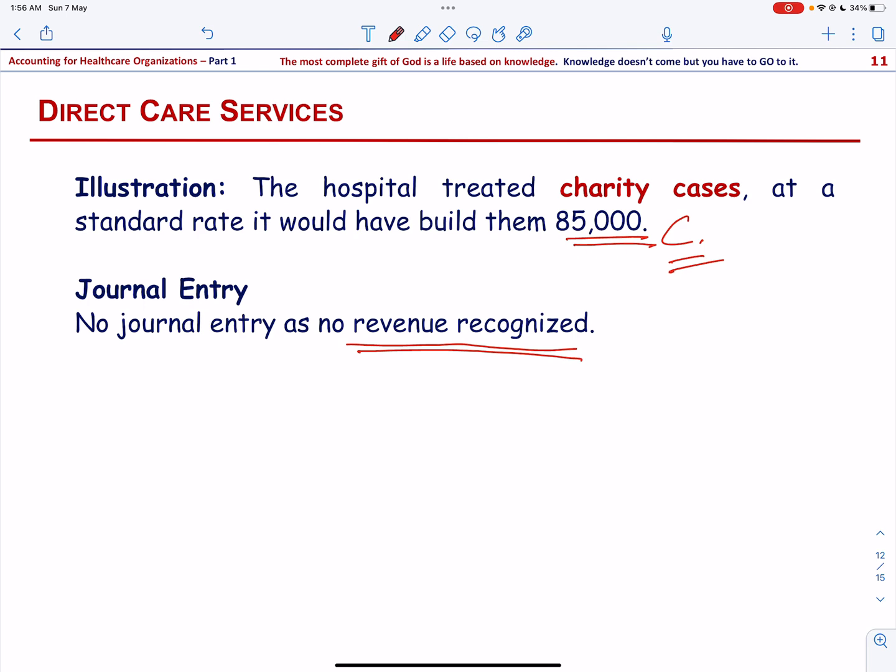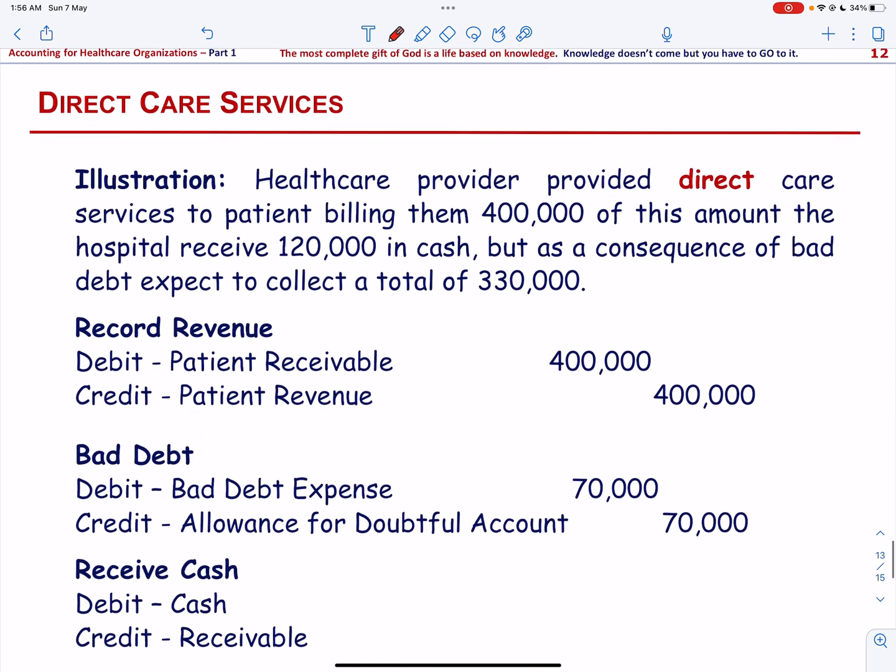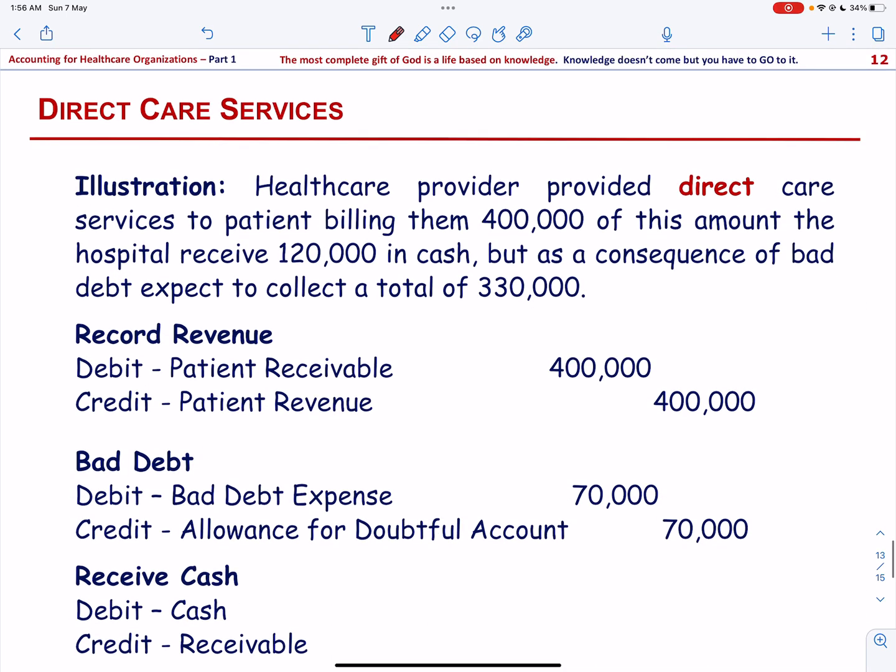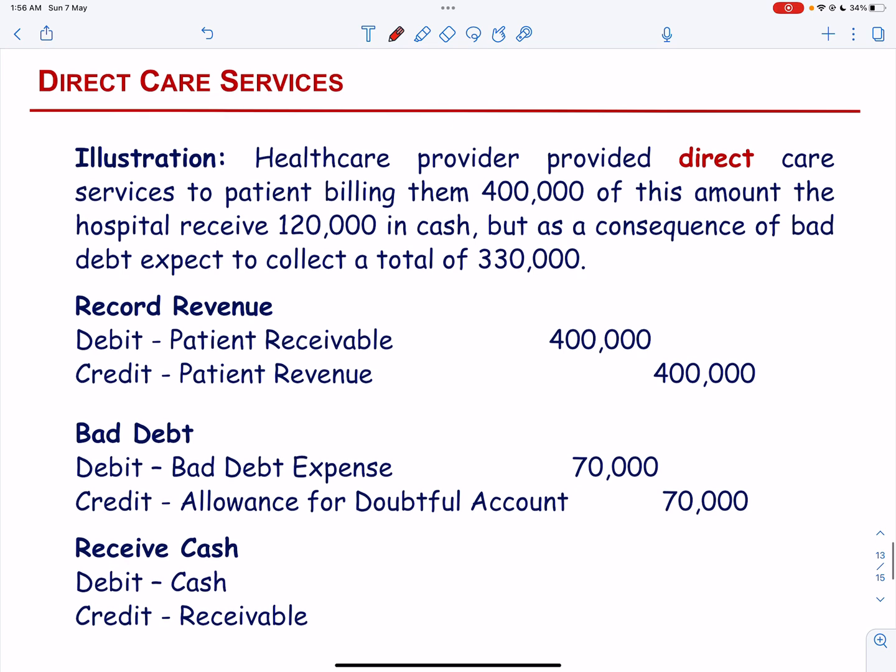Let us look into another example, and this is on direct care services. Now, healthcare providers provided direct care to patient, billing them for 400,000. You can see this is a direct care.